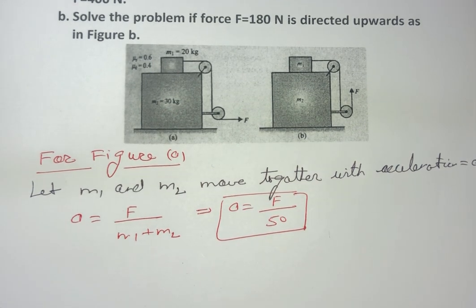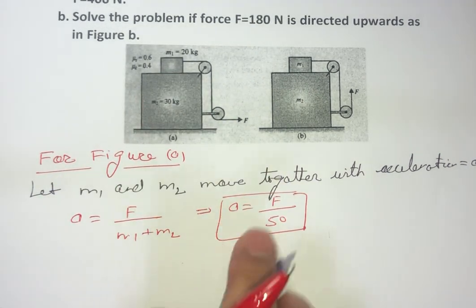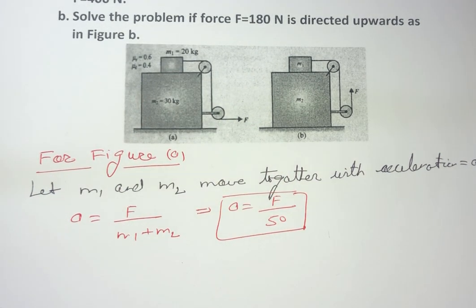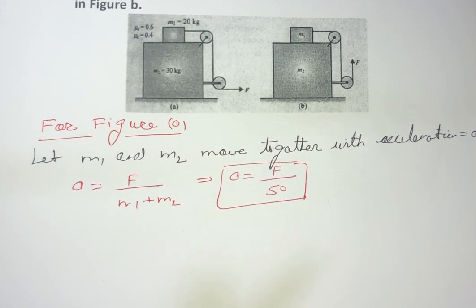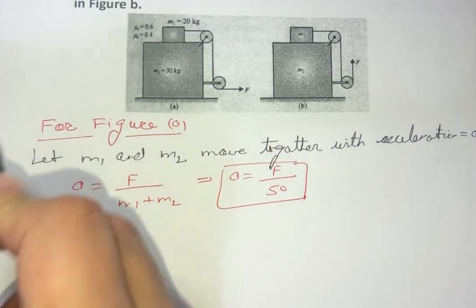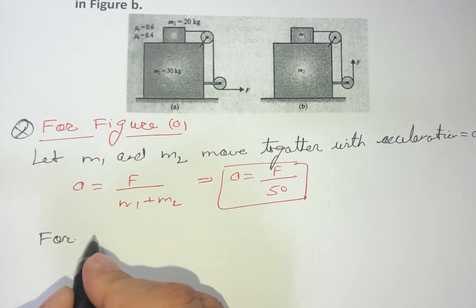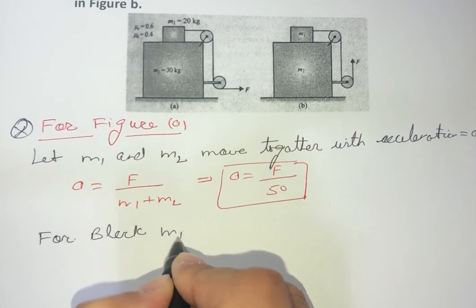Let's draw the free body diagram of the individual blocks M1 and M2 and use this relation, where the acceleration is F upon 50. Draw it for block M1.